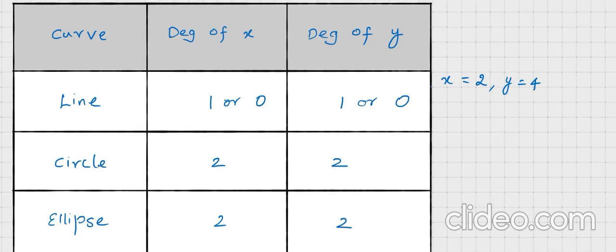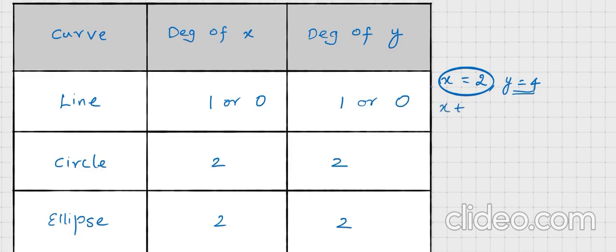So in this one, the degree of x is 1, there is no y, therefore this equation represents a line. Similarly here, there is no x term, the degree of y is 1, so the maximum degree is 1, and it also represents a line.